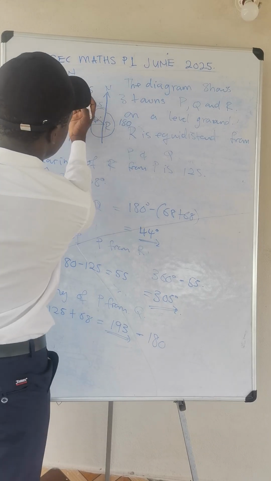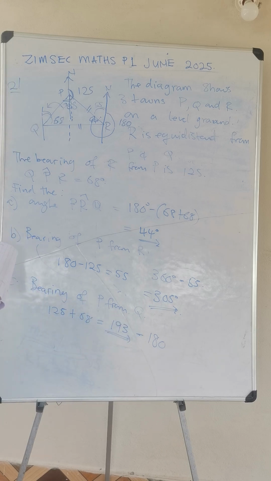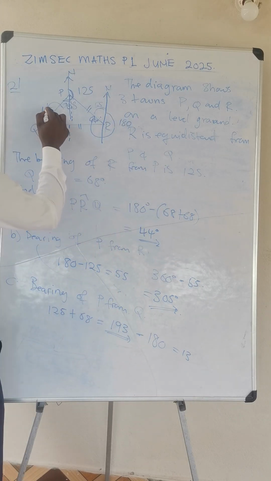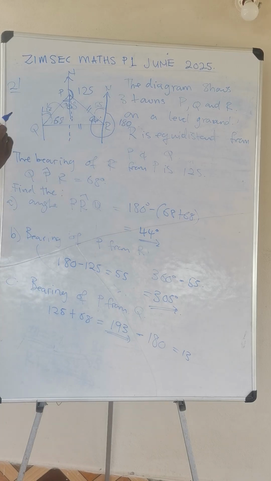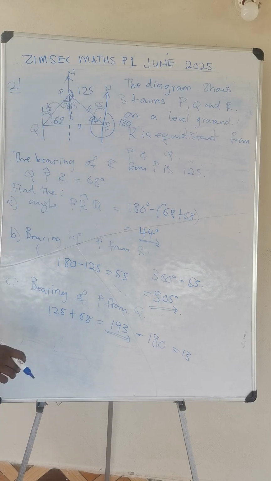So it's 193 minus 180, we get 13. It's equal to 13. So here is 13 degrees. So P is 13 degrees from the point Q. So it means the town P is 13 degrees from this one.